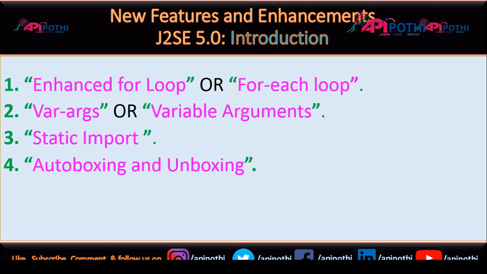Now the second thing is variable argument, also called varargs. This is a very good enhancement as part of Java 5. Suppose in Java we are doing method overloading. In method overloading, we have more than one method with the same name and different arguments.